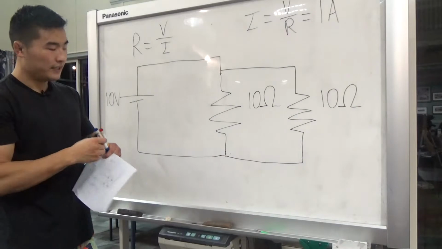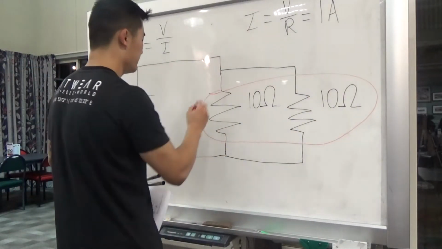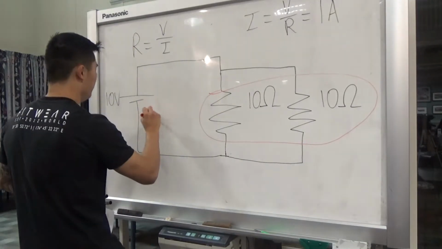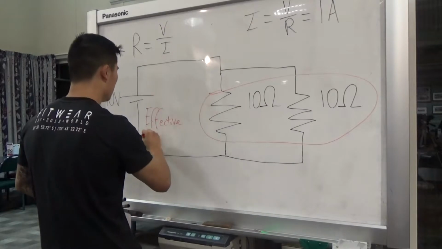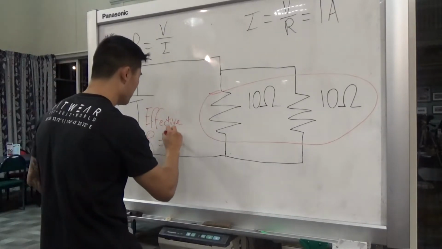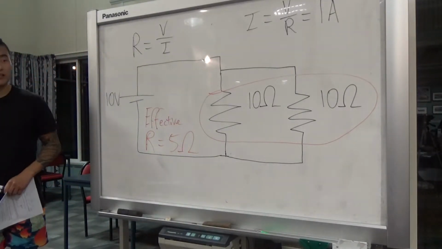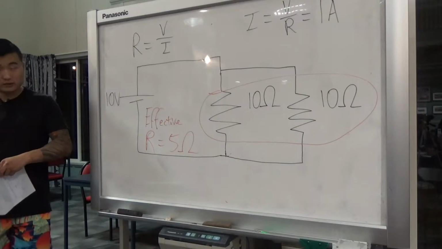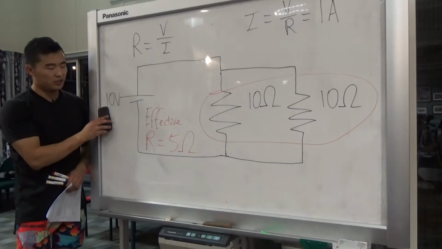So then the effective resistance is just 5 ohms. Okay. So now that we know that, we'll approach the next question.